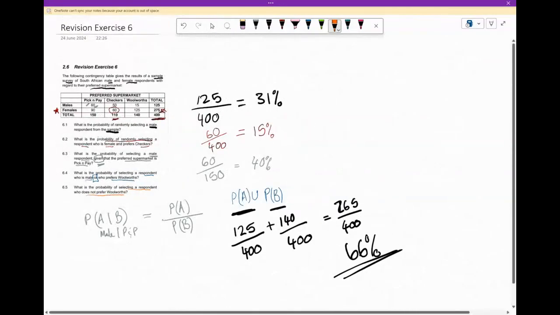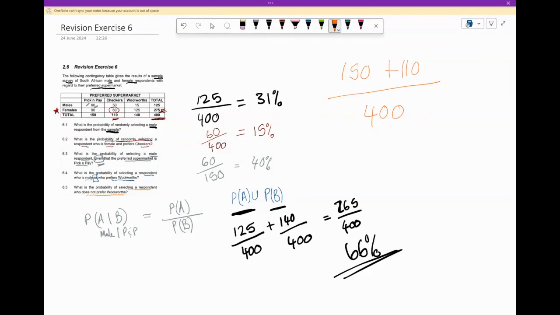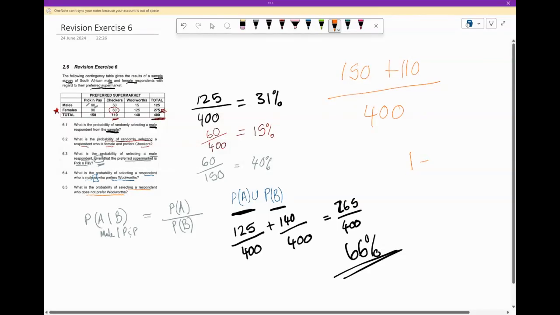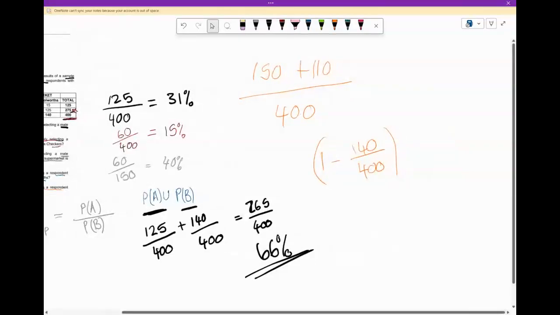You can say 150 plus 110 over 400, because we're adding the probability of Checkers and of Pick and Pay, because obviously if you don't like Woolies, then you like one of the other two. Does that make sense? Or you can say 1 minus the probability of preferring Woolworths over 400. Here we're using complementary probabilities. Whichever one is easiest for you will give you the same answer.